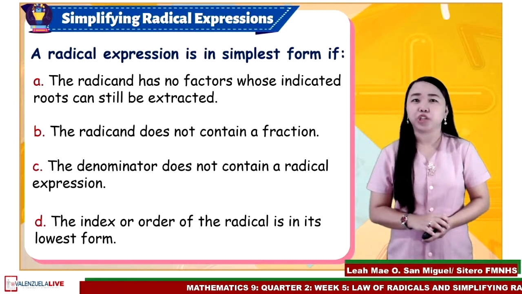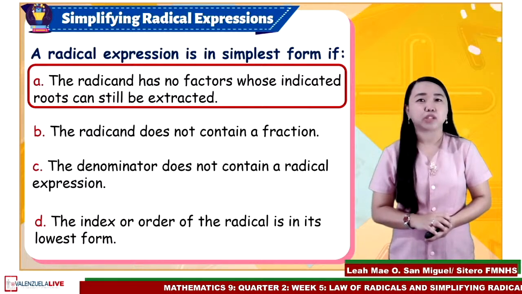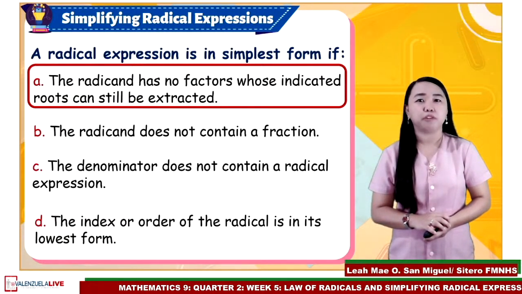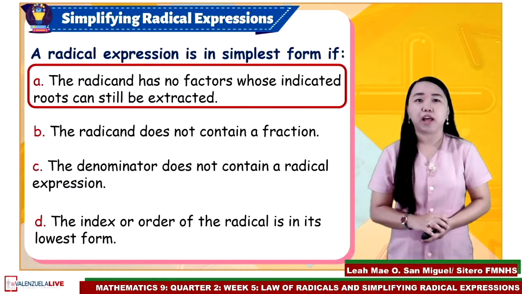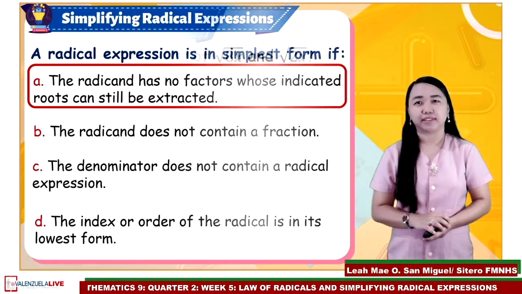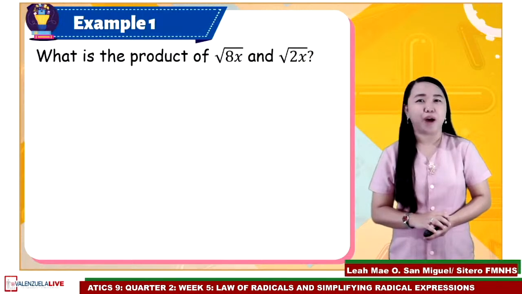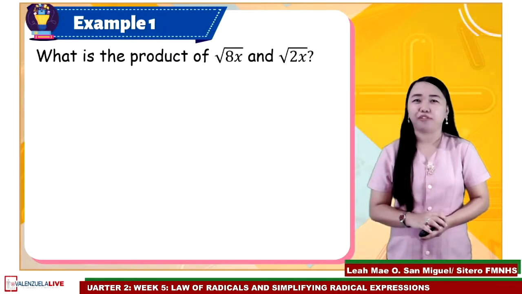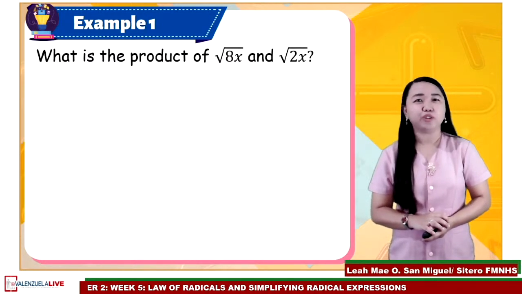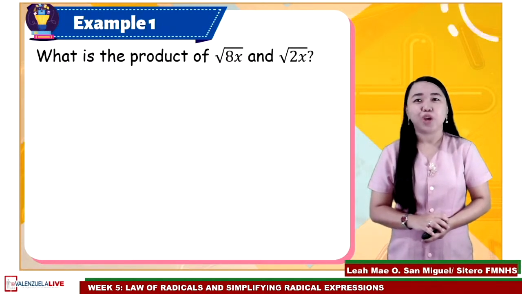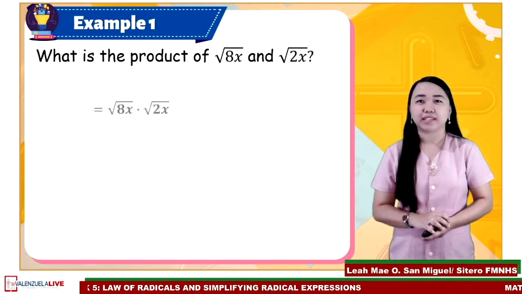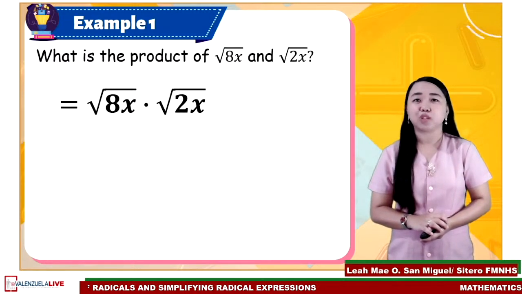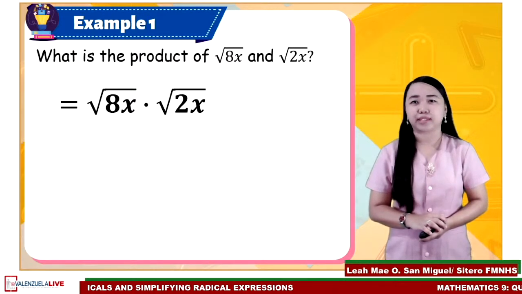For the condition that the radicand has no factors whose indicated roots can still be extracted, let us see the following examples. Example number 1. What is the product of the square root of 8x and the square root of 2x? We can rewrite it as the square root of 8x times the square root of 2x.